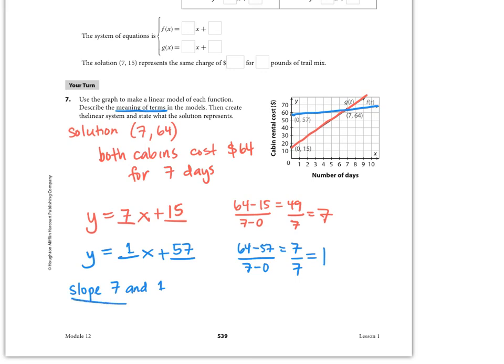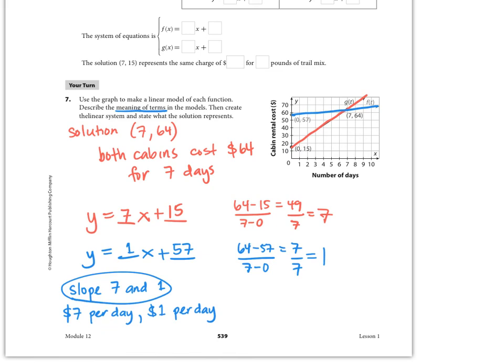Okay, this means that it goes up $7 per day, and then $1 per day. That's how much the cabin costs, which is a pretty sweet deal. $1 per day. Every day you rent the cabin, you're just paying an extra $1. Every day you rent the other cabin is costing $7.